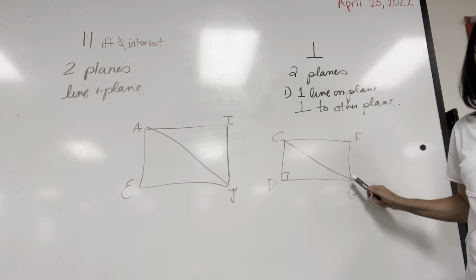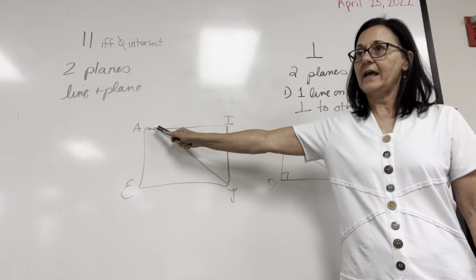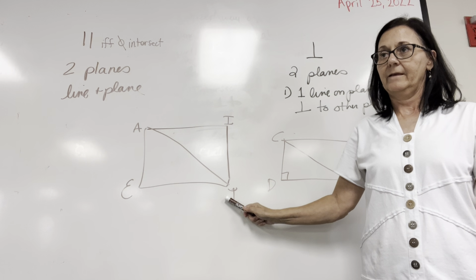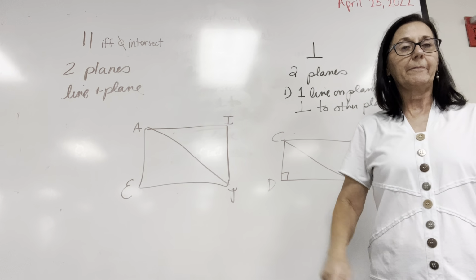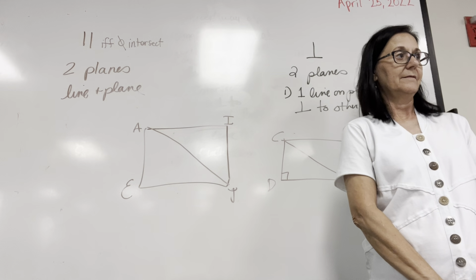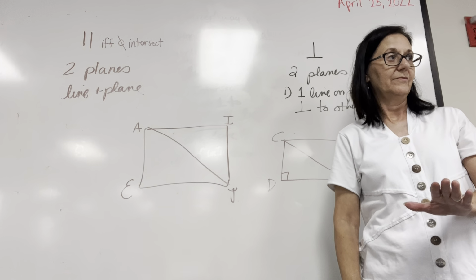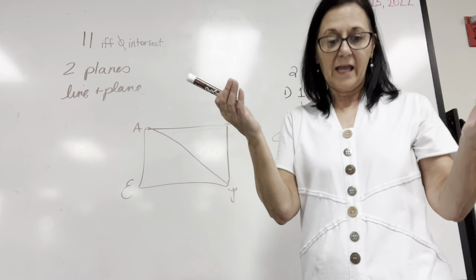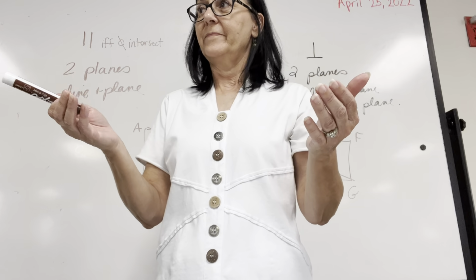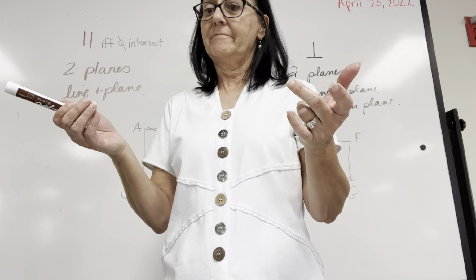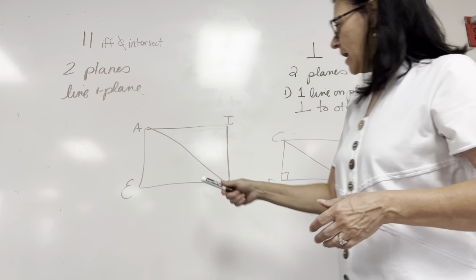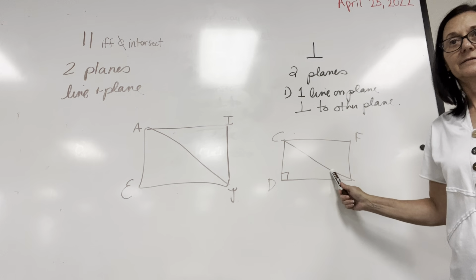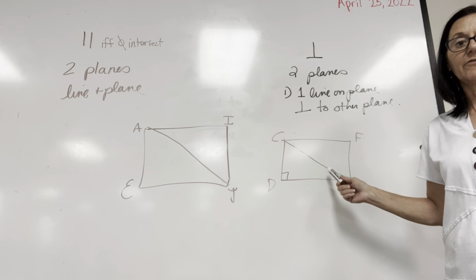This is a diagonal on this plane, and this is a diagonal. Could there be a plane that exists between them that's diagonal? Yes. So could they be skewed? They could not be skewed, right? Because these two lines can lie on the same plane and would never, ever intersect.